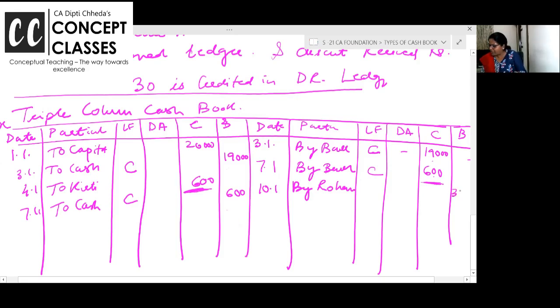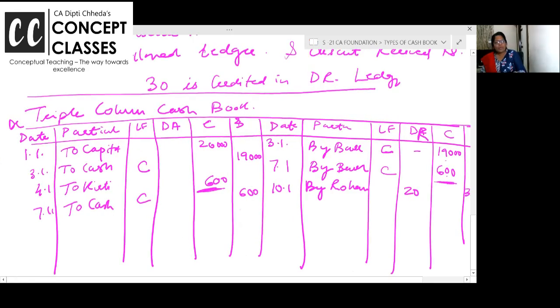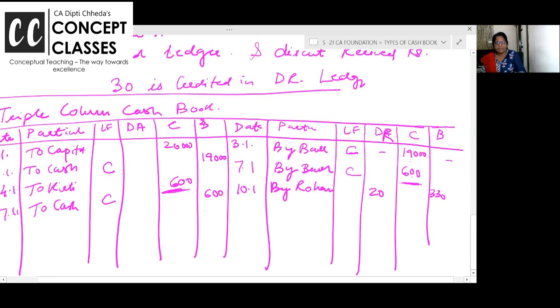So which column will be credited? Bank column, 330. And he gave us discount. DR. This is discount received. Am I going fast or clear? Bank, say I have paid a check to Rohan. Rohan is receiver, debit. And bank is the giver, credit. And discount received is my income. Compound entry.